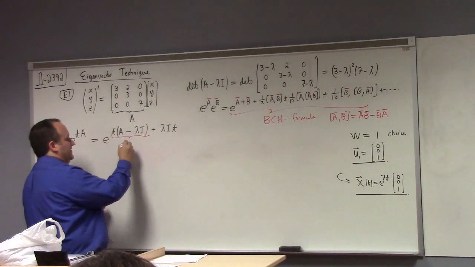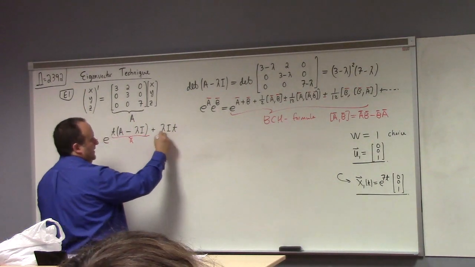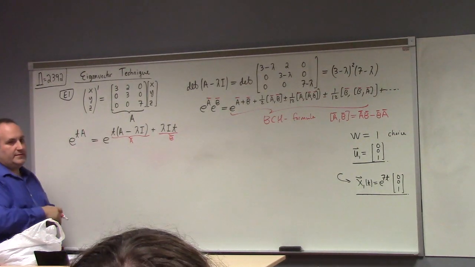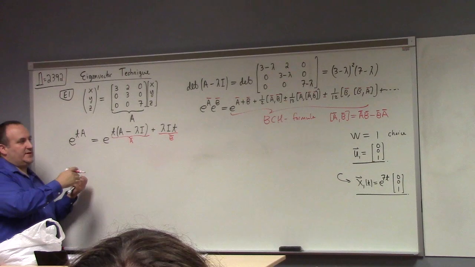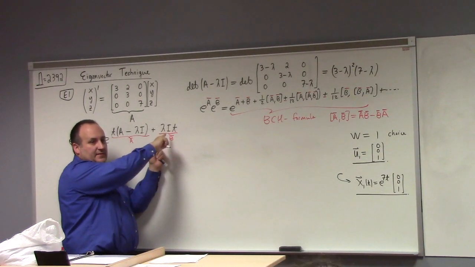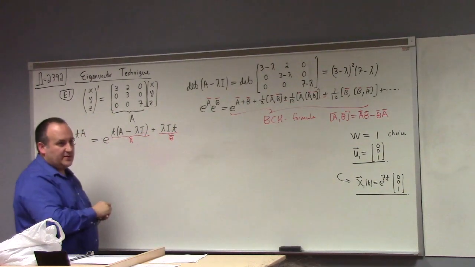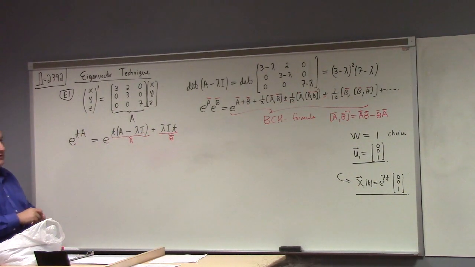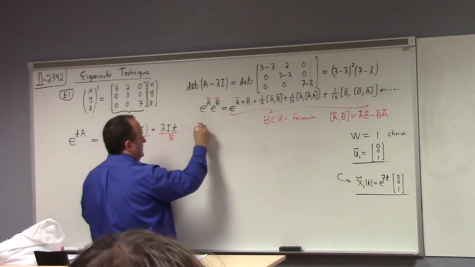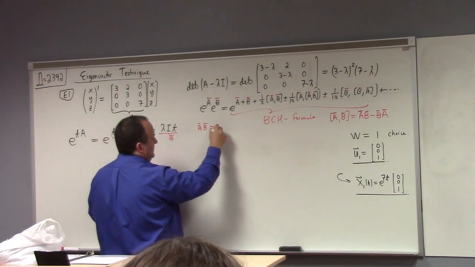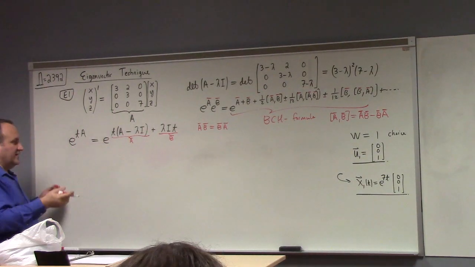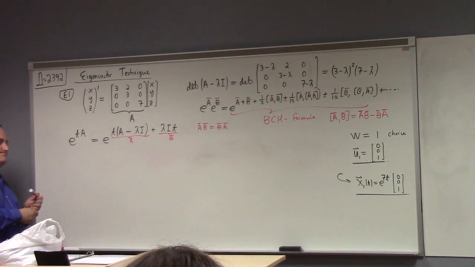If you think of this as A bar, and you think of this as B bar, well, these commute, you see, because this is a number times the identity matrix. And a number times the identity matrix will commute with anything else. So it is true that A bar B bar is equal to B bar A bar. And in that case, I'd have the plain old law of exponents. So I'll do that.